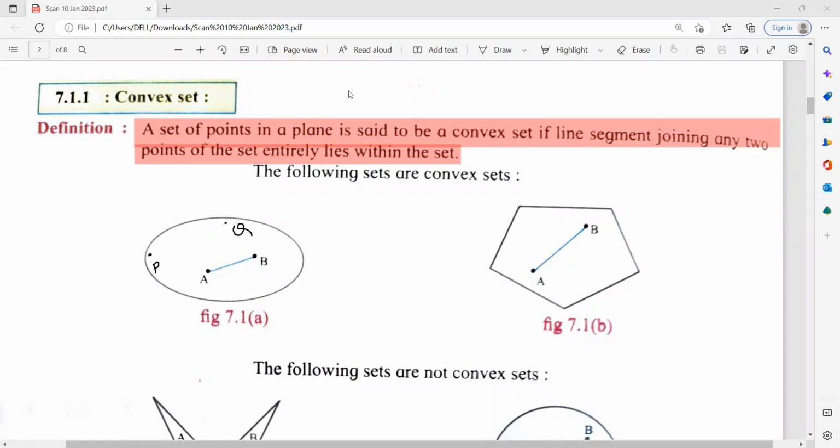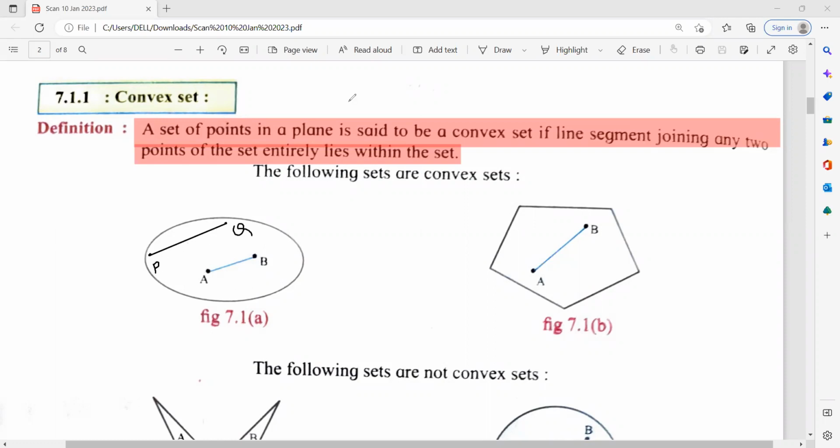Let me join them with a straight line segment. What about the line segment PQ? You will say that PQ also lies entirely in the given ellipse.